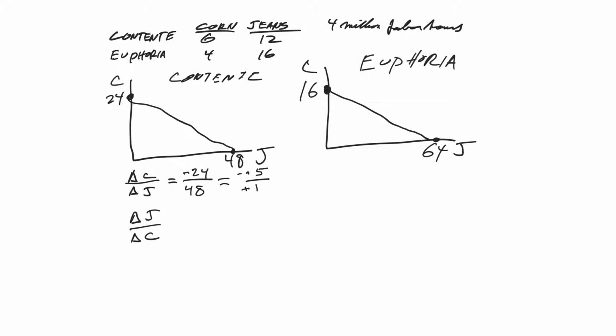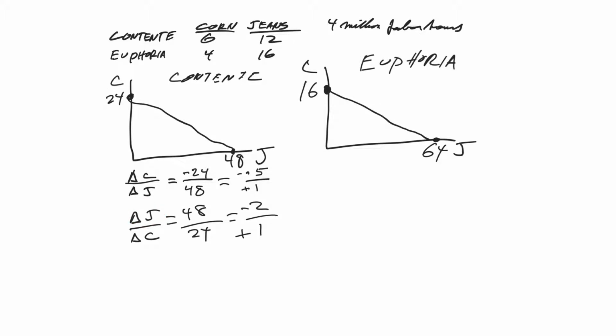What's the reciprocal of 0.5? Change in jeans, 48. Change in corn, 24. Equals 2. And if we had just taken 1 over 0.5, we would have gotten 2. All right, so 1 corn costs 2 jeans in Contente.